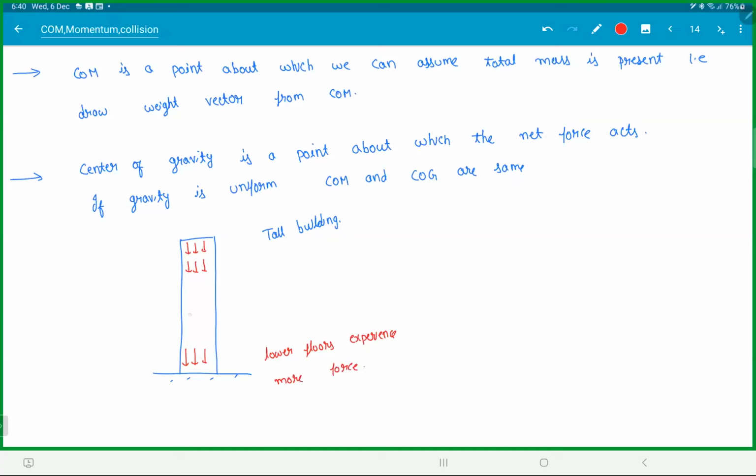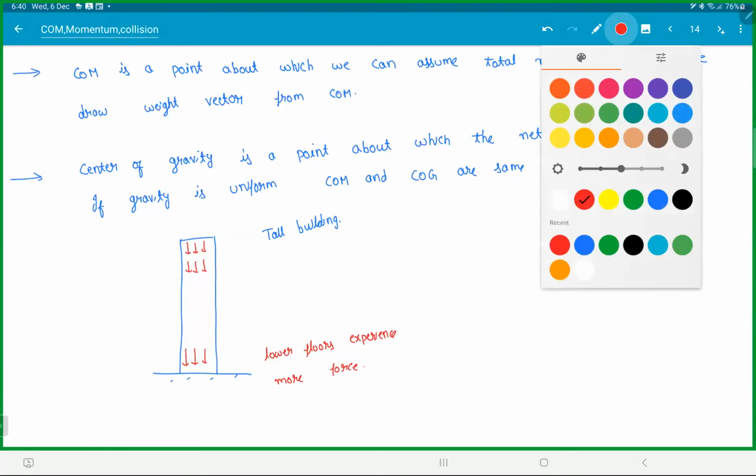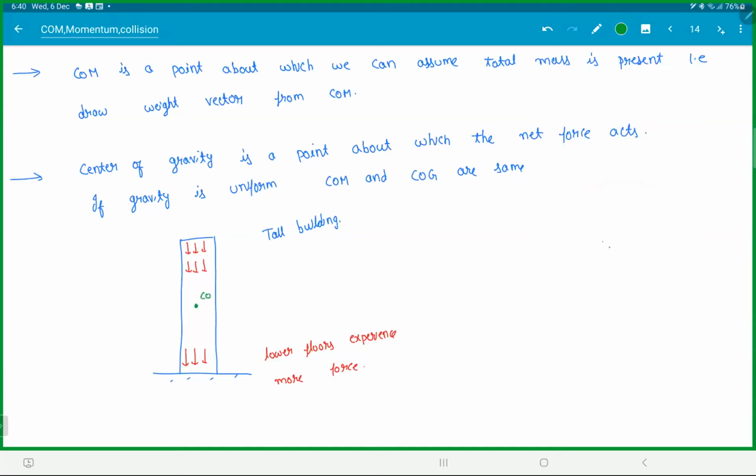So to take that into account, if you look at this, the center of mass is like a geometric center. This will be the center of mass. Whereas in reality, for the entire force, the center of gravity will be slightly down. COG is lower. So center of gravity is a point where the net force acts.